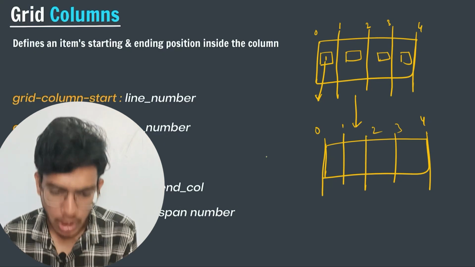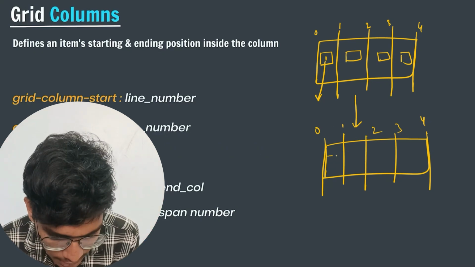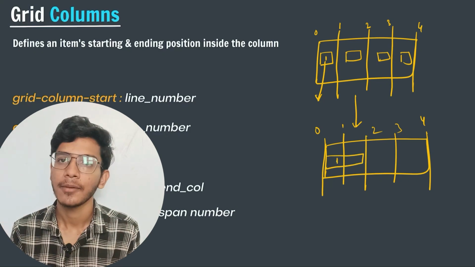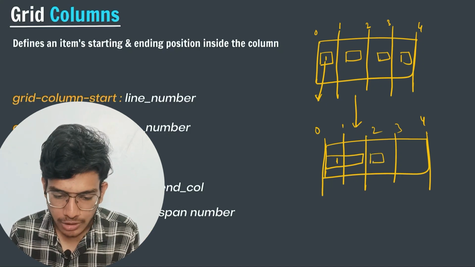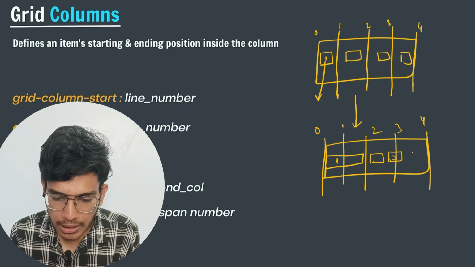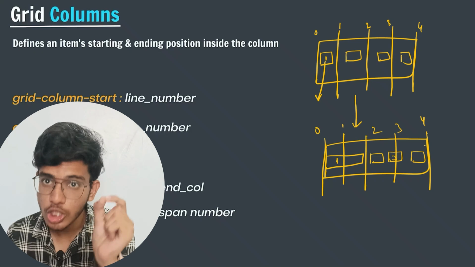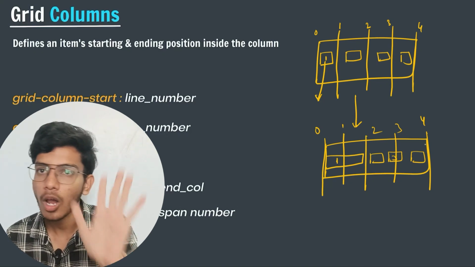Now I want my first div to start at 0 and end at line 2, and after that the next elements, div 2, div 3 and div 4, should come. So to create a structure like this, we use the concept of grid column.